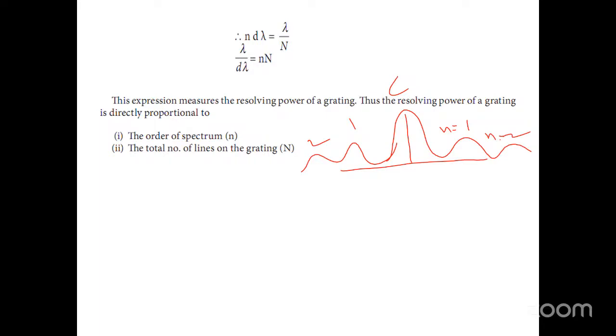But what about the capital N? Capital N is the number of lines on the grating element.